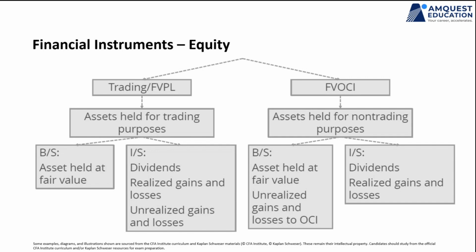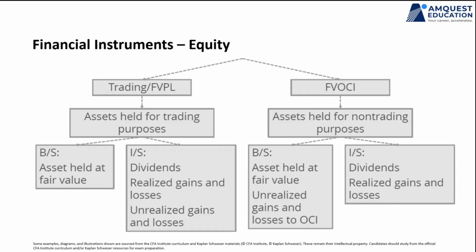But if you are holding an asset which is non-trading purposes, in such a case, balance sheet will have an asset which is held at fair value. There will be unrealized gains and losses to report, and that is going to be done towards the end of this exercise.